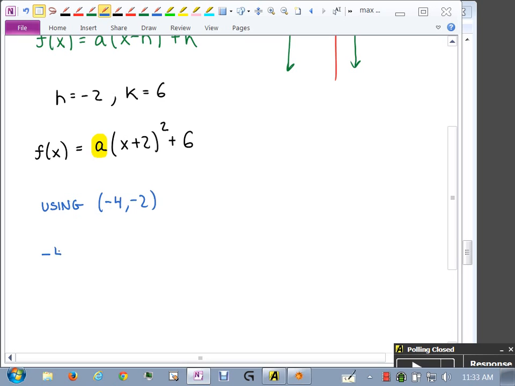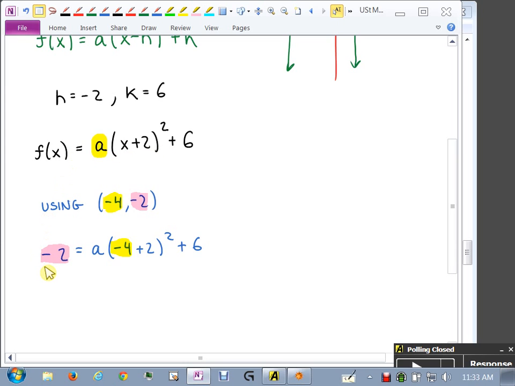So I'm going to say, now using the fact that (-4, -2) lives on the graph, I know that negative 2 must equal a times (negative 4 plus 2) squared plus 6. So I'm replacing the negative 4 in here for the x. I'm replacing the negative 2 over here for the f of x. Do you all see that that's just this line right here rewritten?